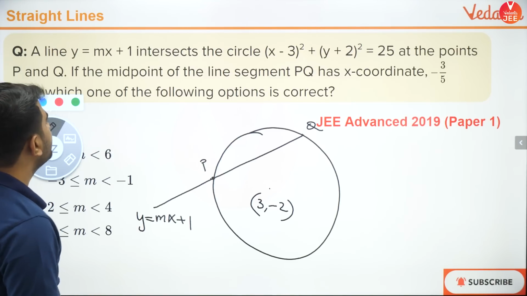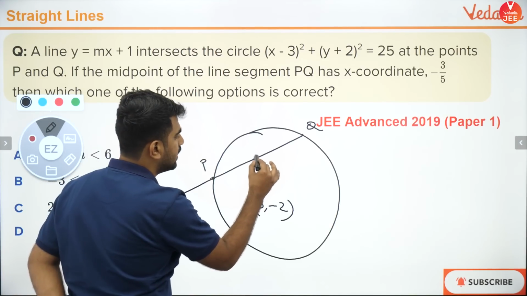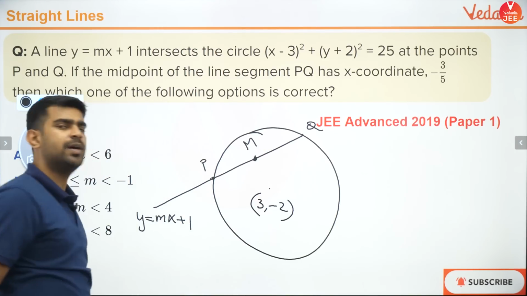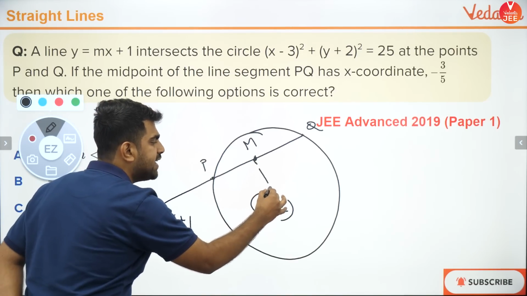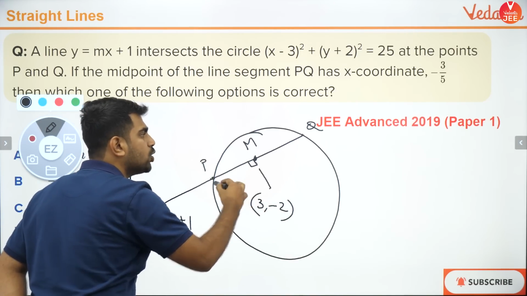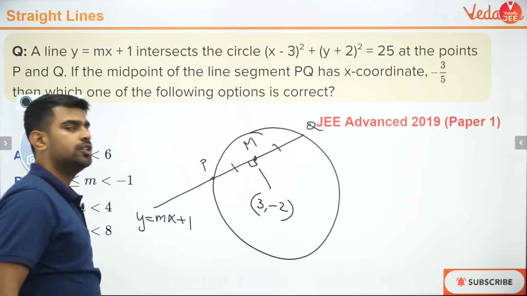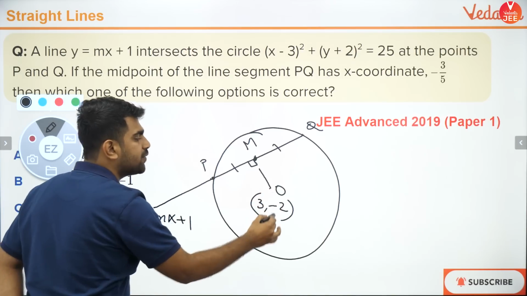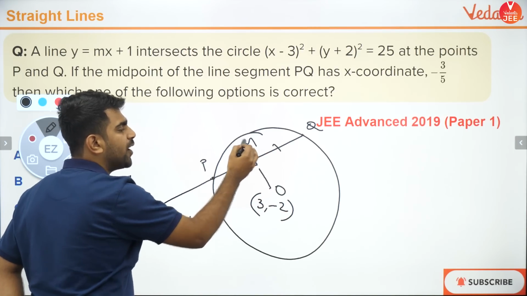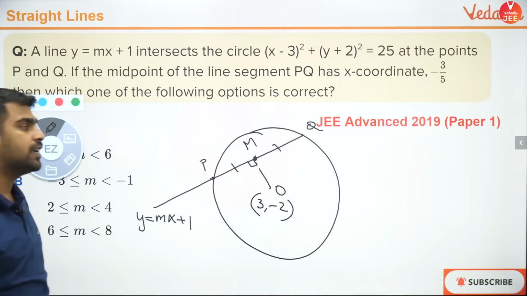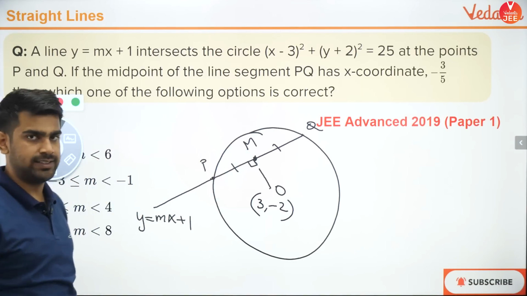What is the midpoint of PQ? Let's call this point M. Let's say that is the midpoint. And we know that a line from the center drawn perpendicular to a chord will be bisecting the chord. So if I draw a perpendicular from the center to the chord, it will be nothing but the point M. It will not meet at any point other than M. Isn't that correct, guys?